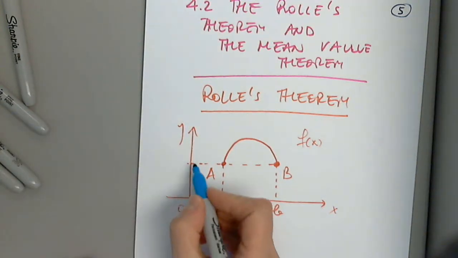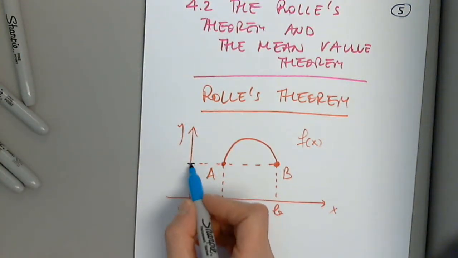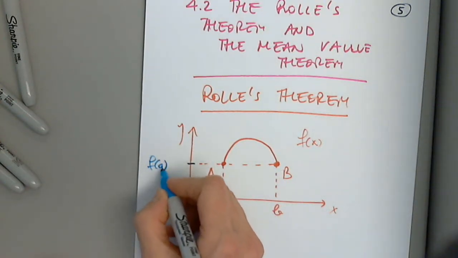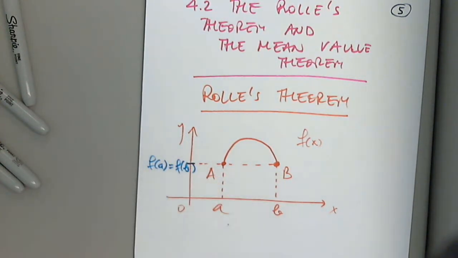And can anyone tell us what is this? f of A, which is also f of B. So this is, you would say, a very specific case, and I would have to agree. A function starts at this point, a comma f of A, and somehow it comes back to the same point.